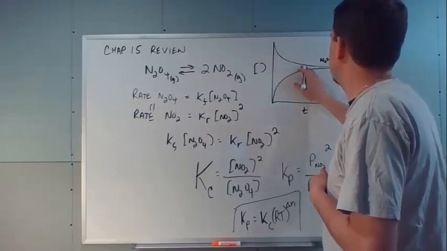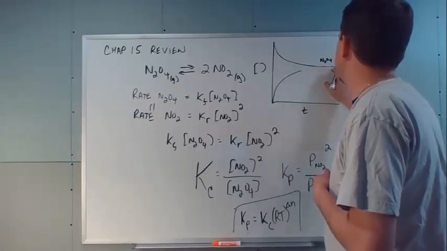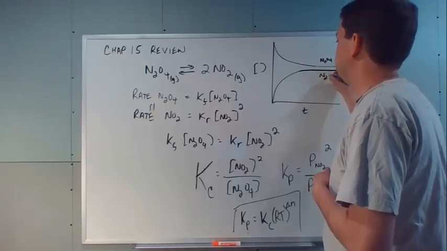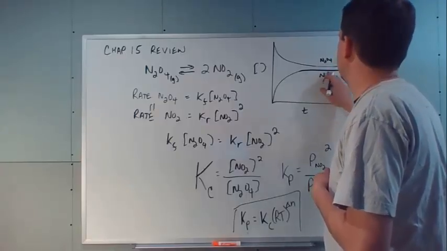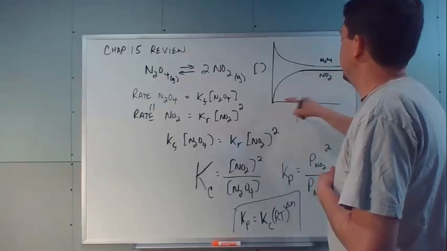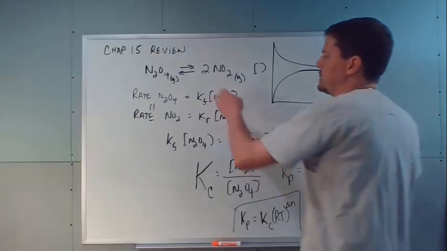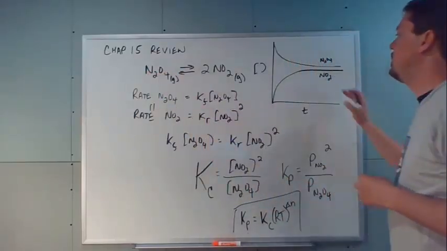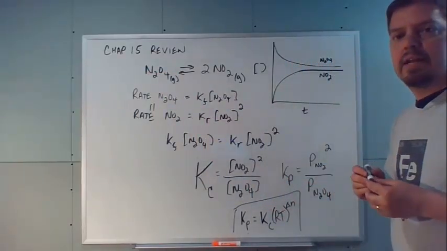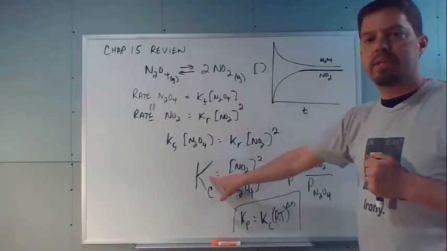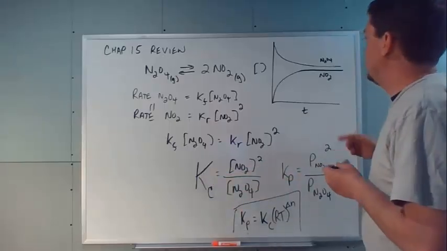And these don't have to come together because we're dealing with concentrations. So our NO2 is going to be increasing, and we expect that to be increasing twice as fast as the N2O4 is decreasing because it's a 2-to-1 ratio, right? We might get something like that.